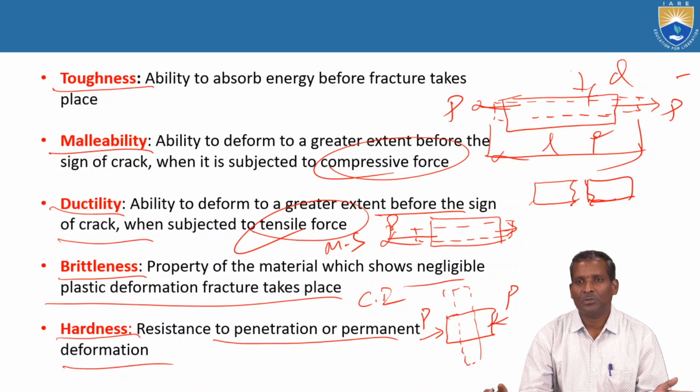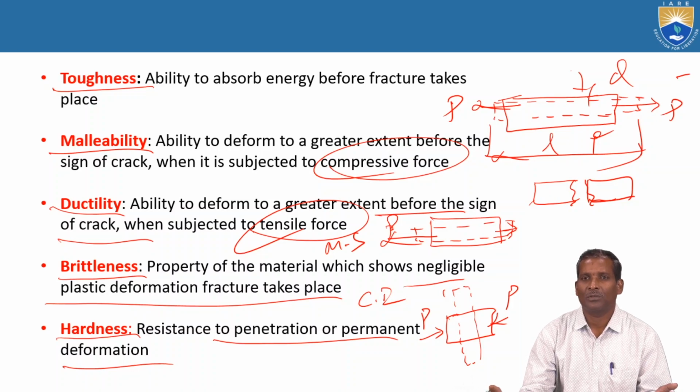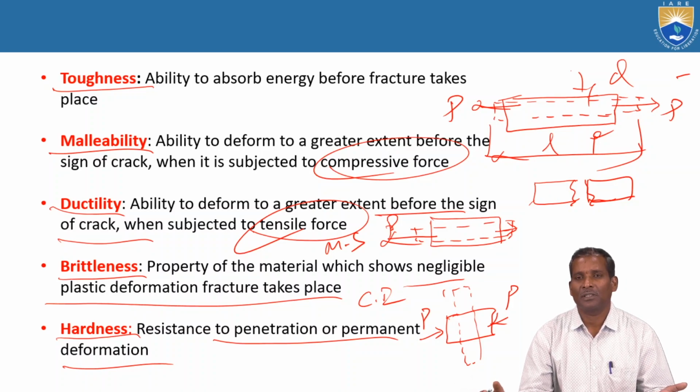So resistance to that impact load and permanent deformation, this type of property is called hardness. Example, diamond, the highest hardness material. Diamond withstands any type of load and resists penetration. We can't find any deformation in that material.